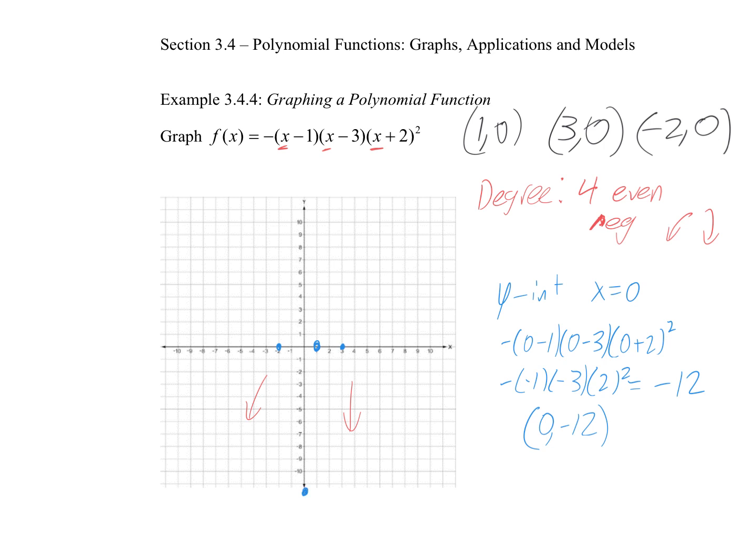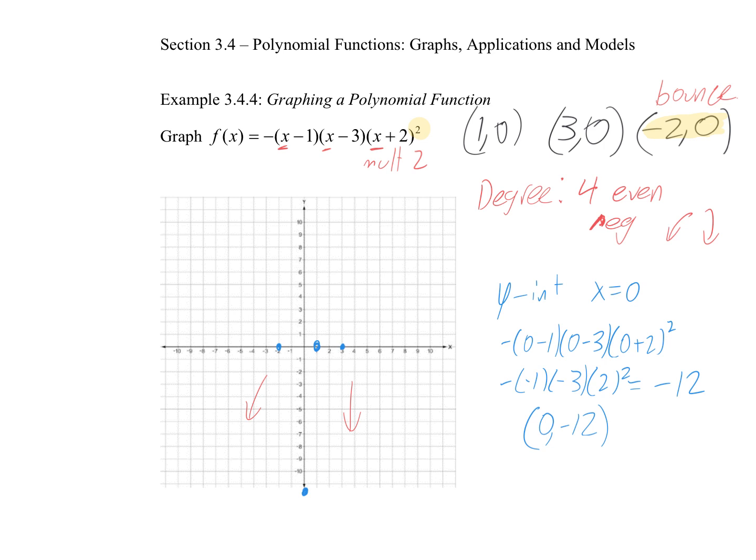And now that we've got all these points, let's figure out how our graph is going to look. So one thing that we should pay attention to is, of course, this square, which is affecting my negative 2, 0 point. Now that has a multiplicity of 2, right? So that means that our graph makes a bounce shape here, and it basically looks like the vertex of a parabola on that point.